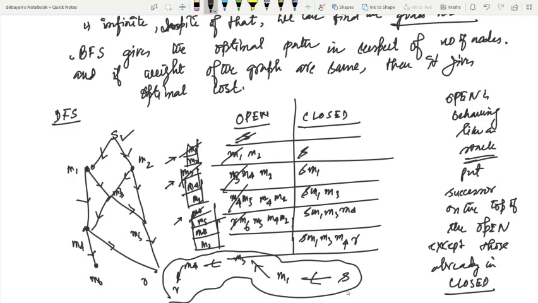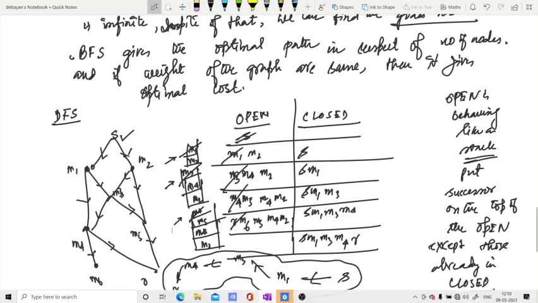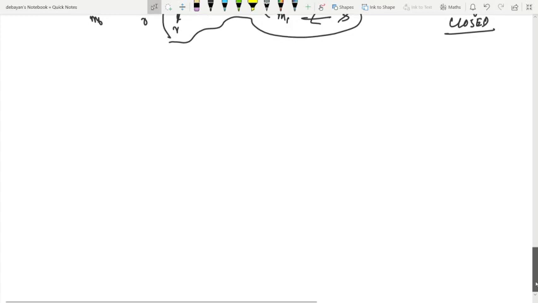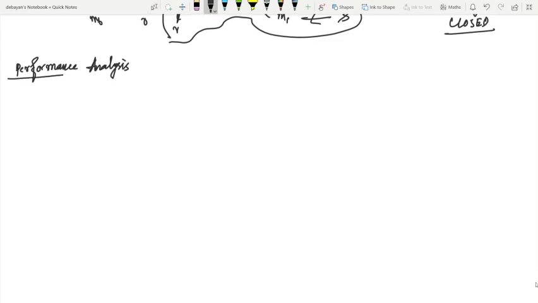Now if we analyze the performance of BFS and DFS, we are exploring the time complexity.